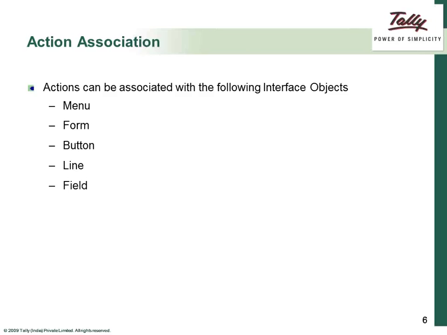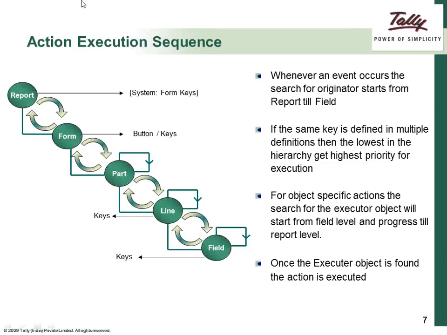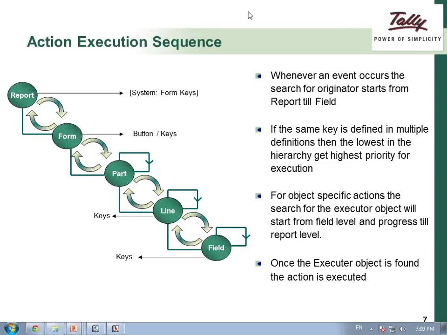Then we spoke about the action execution, the sequence in which it will occur. Whenever an event occurs, the search for the originator starts from the report to the field, and it looks for where this key is available.